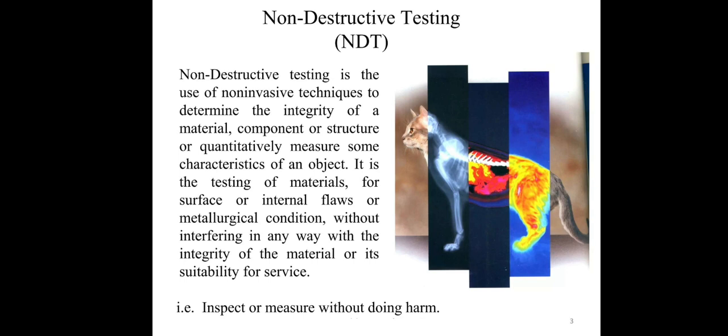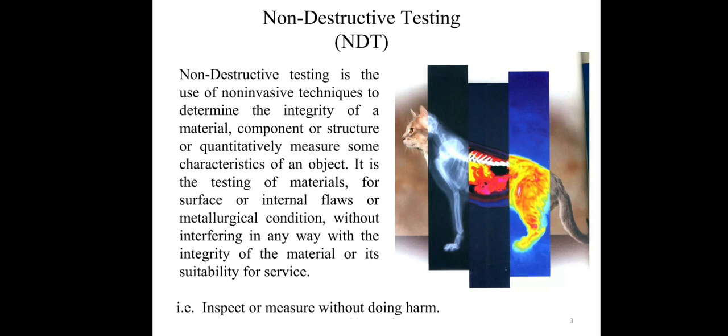Non-destructive testing is the use of non-invasive techniques to determine the integrity of a material, component or structure, or qualitatively measure some characteristic of an object. It is the testing of materials for surface or internal flaws or metallurgical condition without interfering in any way with the integrity of the material or its suitability for service.